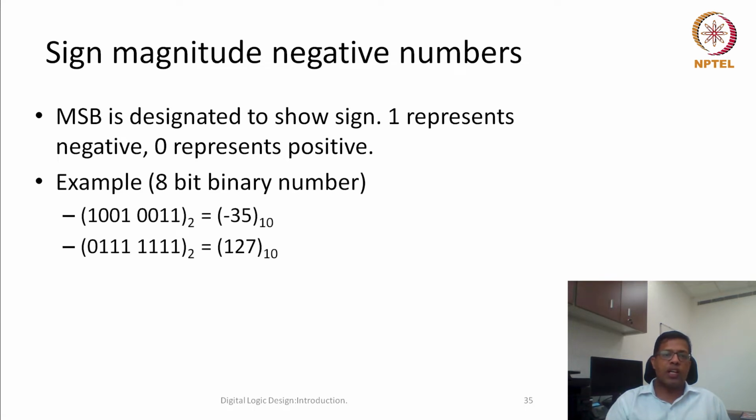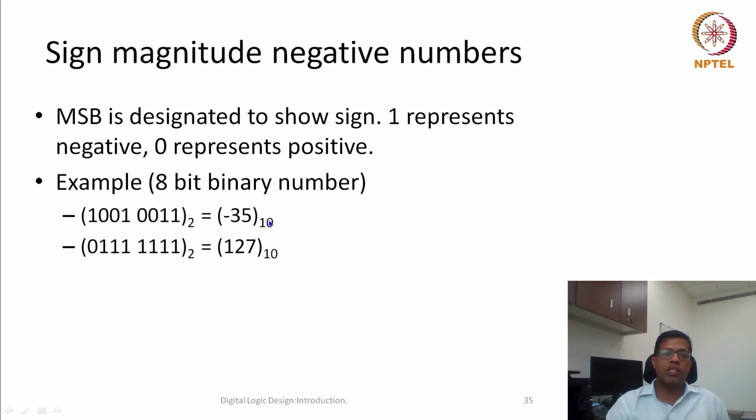So let us say we have an 8-bit binary number and I want to represent minus 35. So if I want to represent minus 35, I can put the 8th bit or most significant bit or leftmost bit as 1, and the remaining 7 bits I can use to represent 35. Fair enough. So 35 means 32 plus 2 plus 1 is 35.